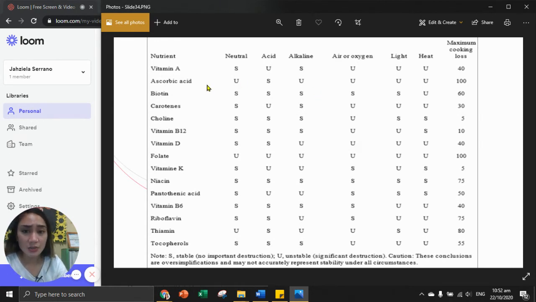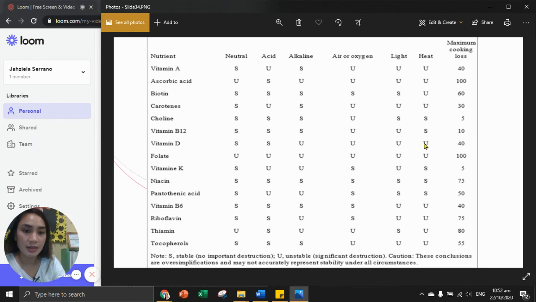Okay? So, biotin is vitamin H. So, kung mapapansin nyo, stable siya to almost any environment except sa heat. So, if you observe this table, marami ang unstable sa heat, no? Tulad ng vitamin D. So, we have vitamin D here.